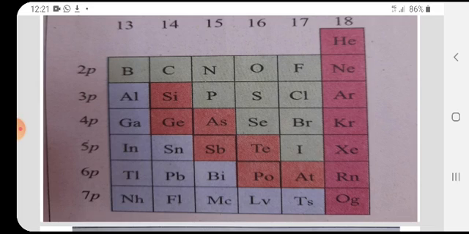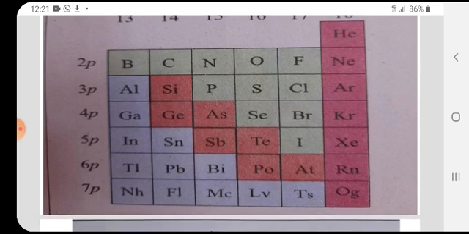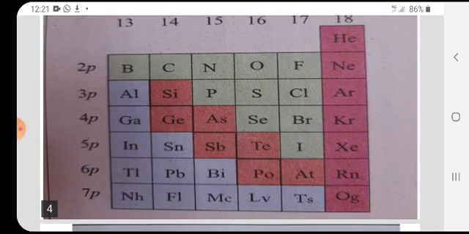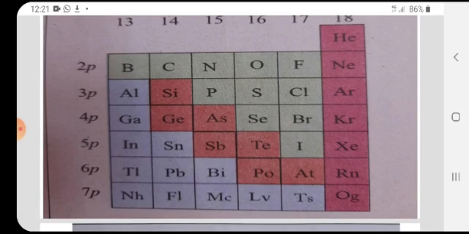At the end of each period is a noble gas, that is group 18 elements like helium, neon, argon, krypton, xenon, radon. All the orbitals in the valence shell of noble gases are completely filled by electrons, and it is very difficult to alter this stable arrangement by addition or removal of electrons.